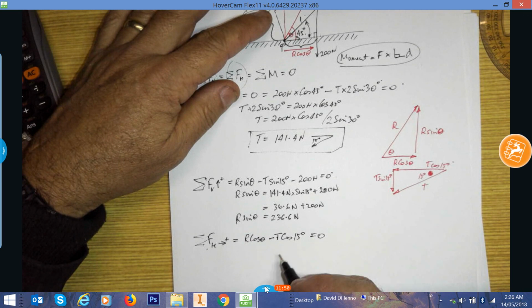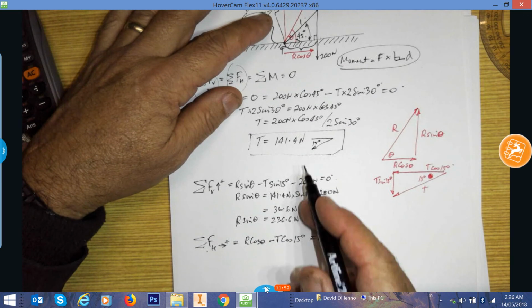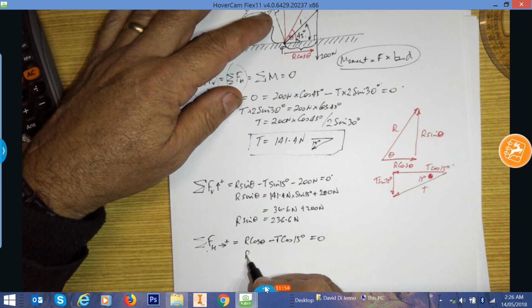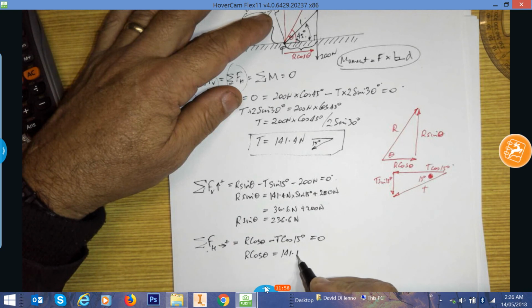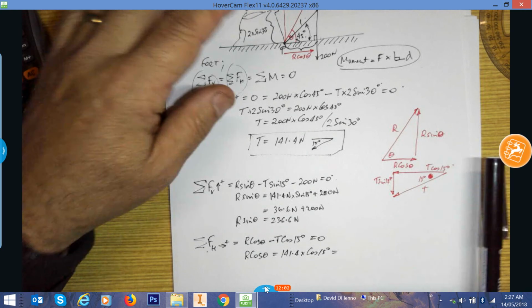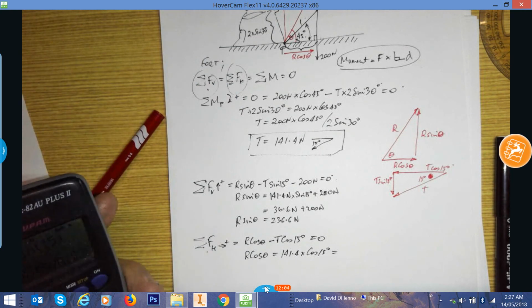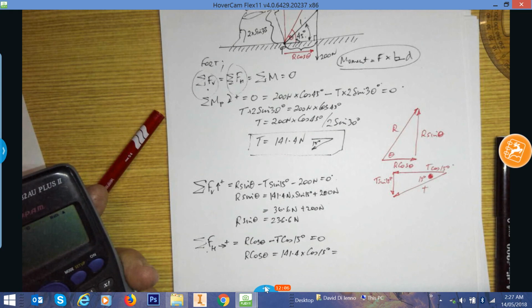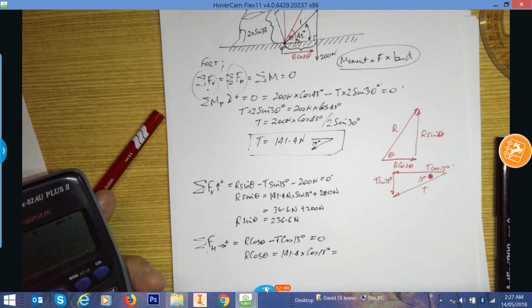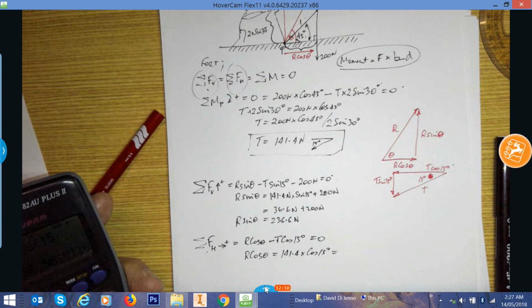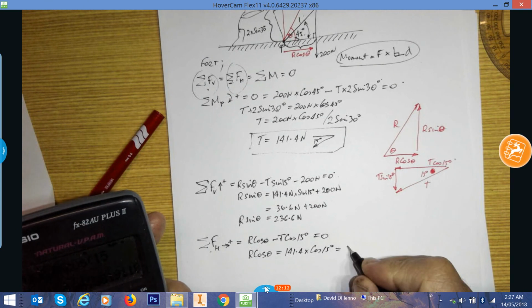So we know what T is, it's 141.4, so we can say that R cos theta is going to equal 141.4 times cos of 15 degrees, and according to the calculator, 141.4 times cos of 15 equals 136.6.